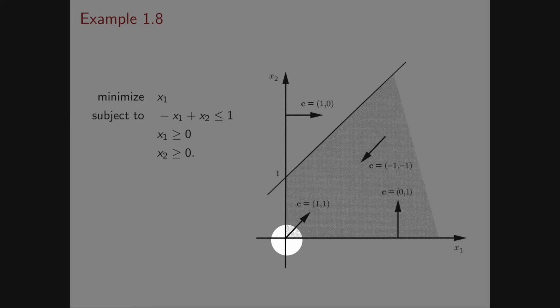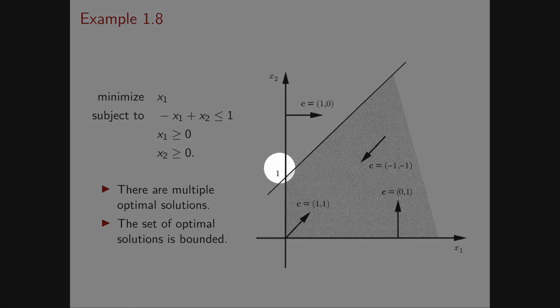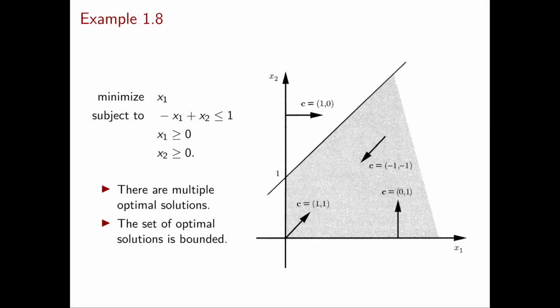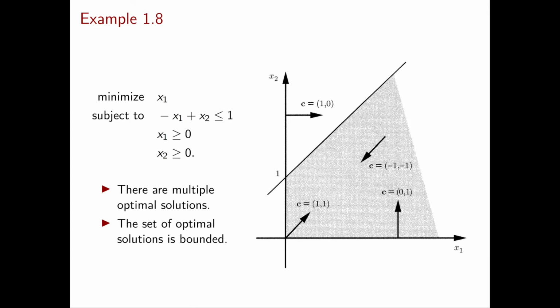So the origin is still an optimal solution, but so is the vector 0, 1, and actually so is every point in the segment joining the two solutions we just talked about. So in this case, we have multiple optimal solutions. We have an infinite number of optimal solutions indeed, but the set of optimal solutions is bounded because it's this segment here, and so it doesn't extend to infinity in any direction.